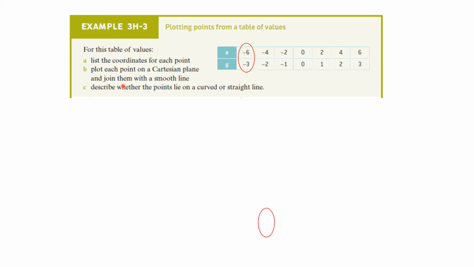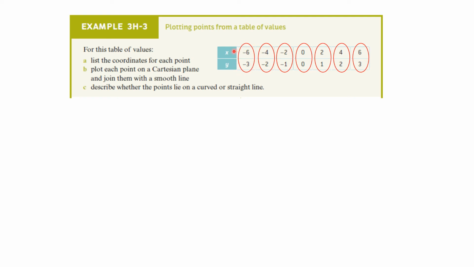You'll see I've got a series of ovals around the pairs. Given that the table of values is given to you in this formation, where I have X numbers up here and the Y numbers down here, as I look down each column, these 2 numbers are a pair of coordinates.